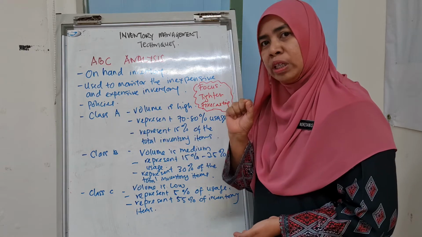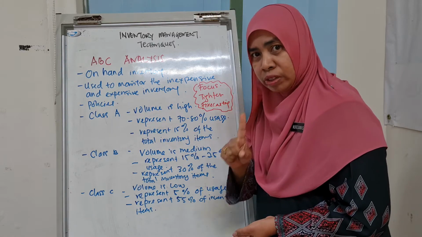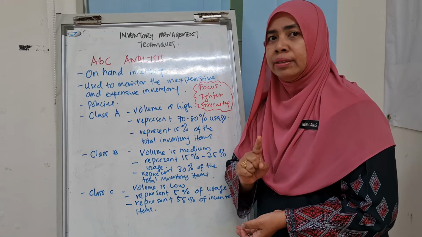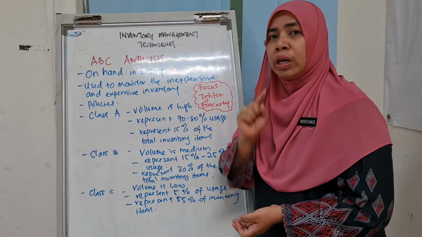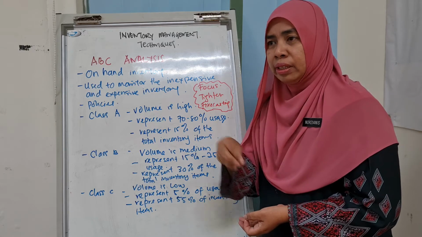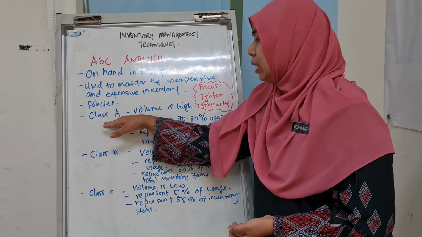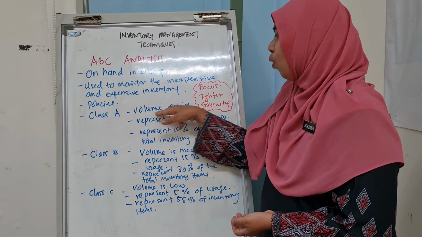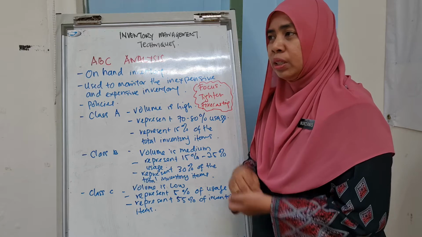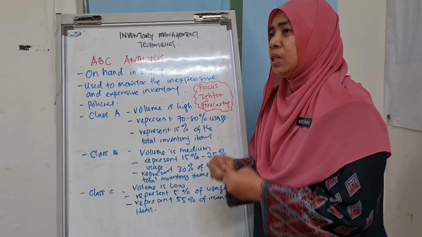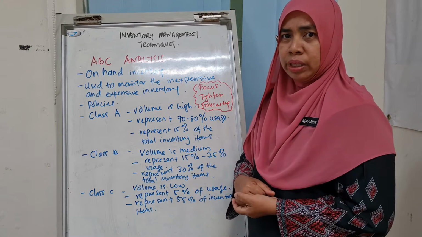First, you have to classify the items based on the policy that the firm or company has already stated. Alright. Okay. Class A, where the volume is high, right? So that means in the warehouse, the items are a lot in the warehouse.